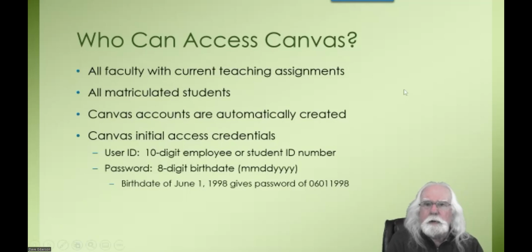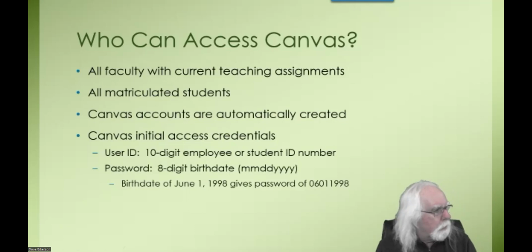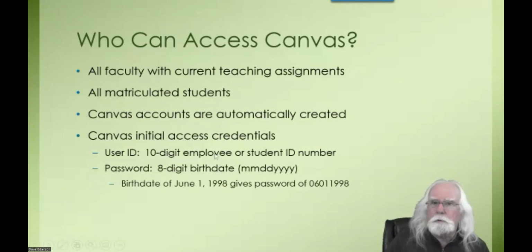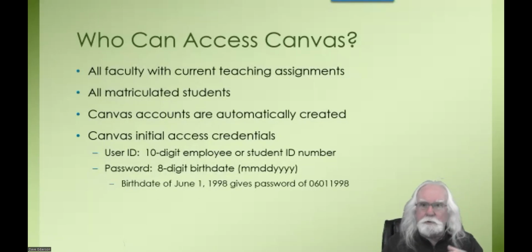And everybody starts off accessing Canvas using the same types of credentials. The user ID, which you're prompted for on the login page, is your 10-digit employee or student number. Your ID number in PeopleSoft is used as your login ID for Canvas. The initial password is your 8-digit birth date, month, day, year.